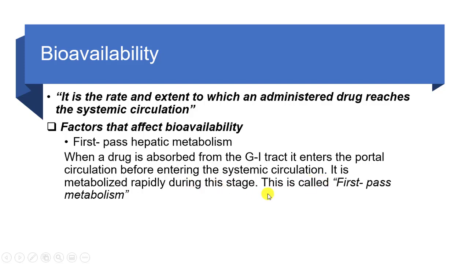This is essentially what the first pass effect is: before a drug enters the systemic circulation, it first has to go through the portal circulation, and there it is metabolized. This is called first pass metabolism or the first pass effect. This is true for the majority of drugs, and also for drugs which we give orally, and it is also common for drugs given via the enteral route.